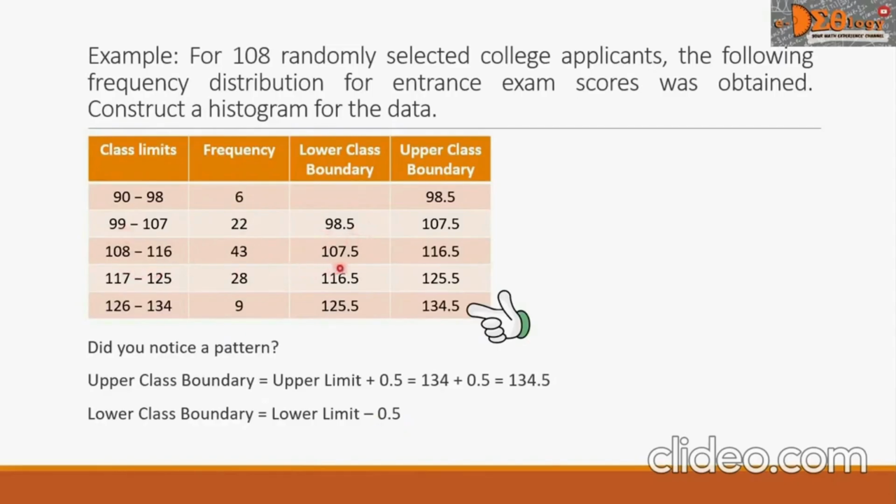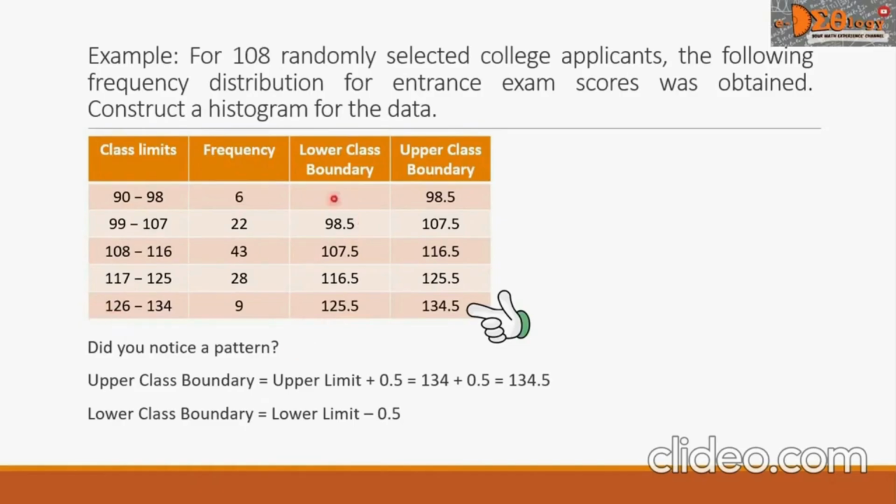Also, this 107.5 may come from 108 minus 0.5. This 116.5 comes when we have 117 minus 0.5. And the last, the 125.5 may come from 126 minus 0.5.